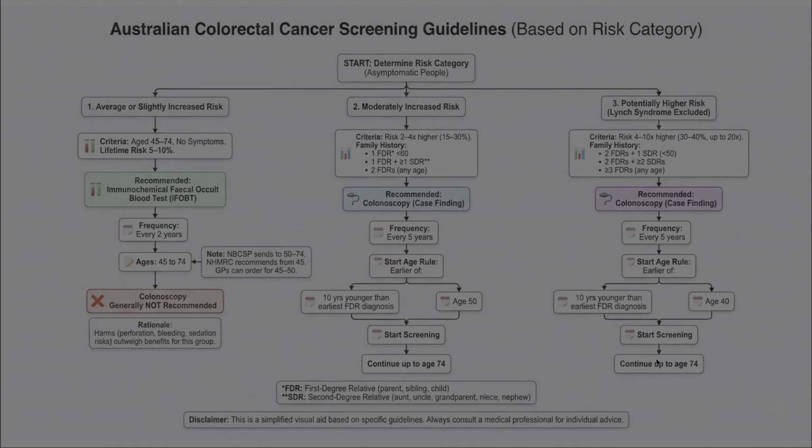Because our patient fits this specific high risk criteria, his floor age drops. In category 2, the floor age is 50. But in category 3, the floor age drops to 40. This is why identifying the correct lane is critical. The 10-year difference is the difference between a correct diagnosis and a missed cancer.